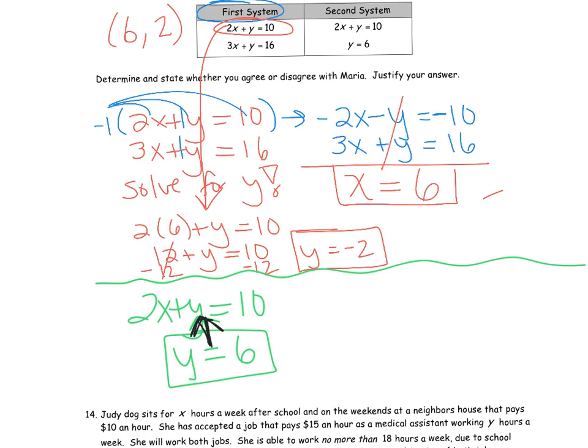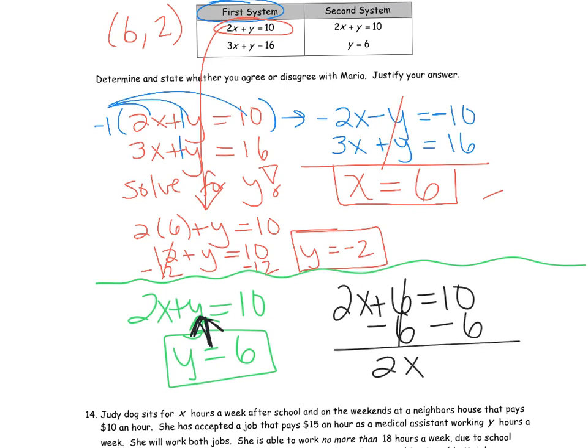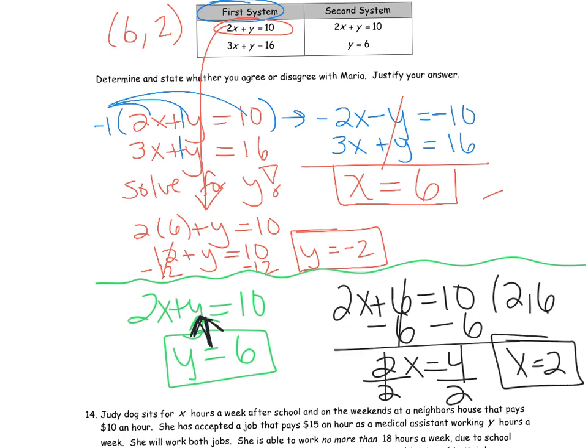Since I know y is 6, I have 2x plus 6 equals 10. Subtract out the 6. I have 2x equals 4. And when we solve for x, we'll get 2. So I have the point 2, 6.